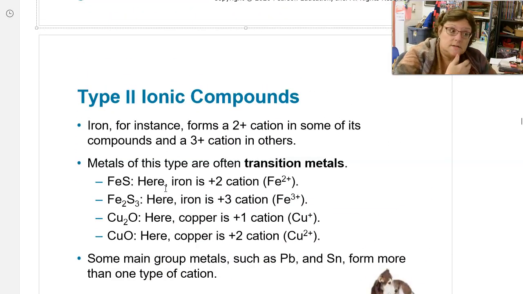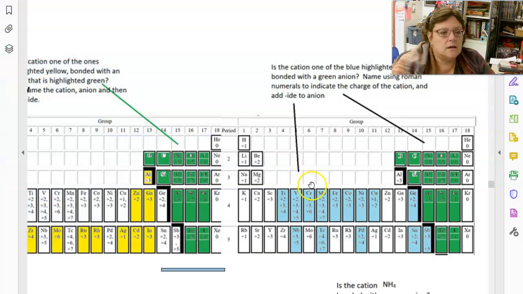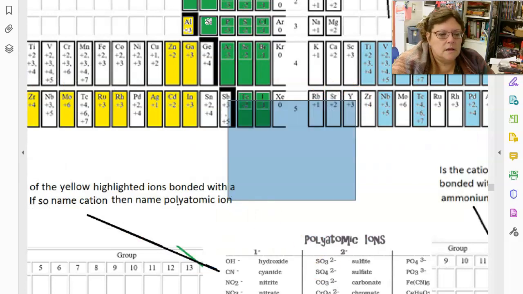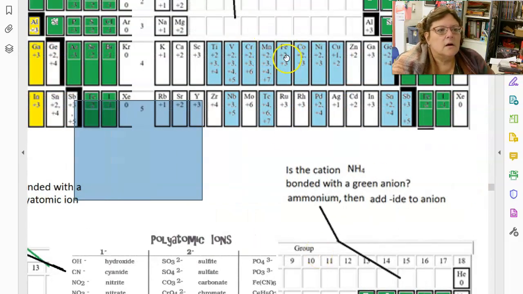For instance, iron forms a 2+ cation in some compounds and a 3+ in others. And if we look at my chart again, we can see iron somewhat blurrily up here, +2, +3.